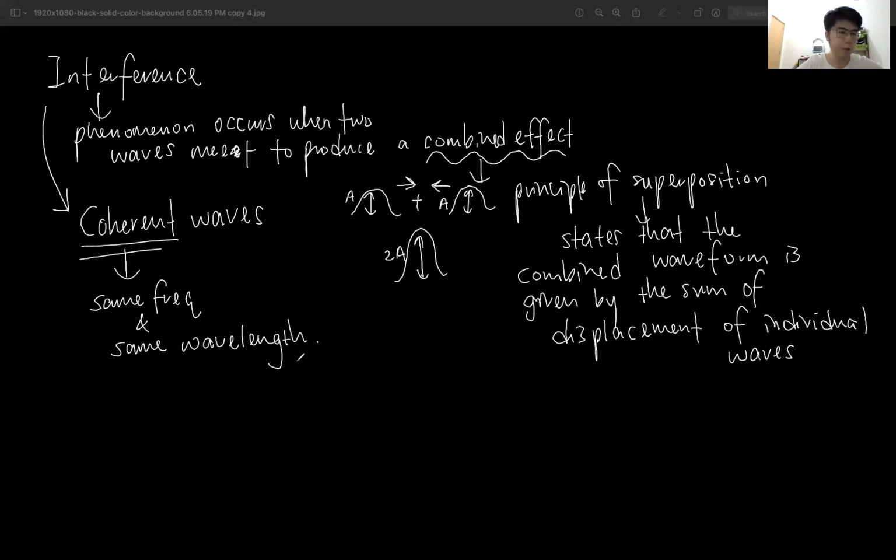Now, talking about creating coherent waves and also the phenomena of interference, we will look at one of the very famous experiments, that is the Young's double slit. Now the Young's double slit experiment is used to prove that light behaves as a wave.